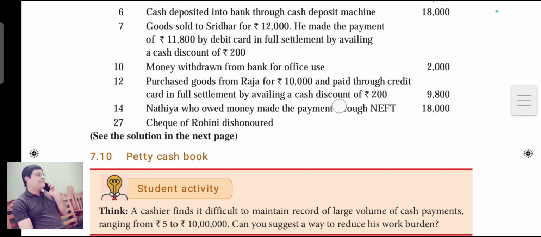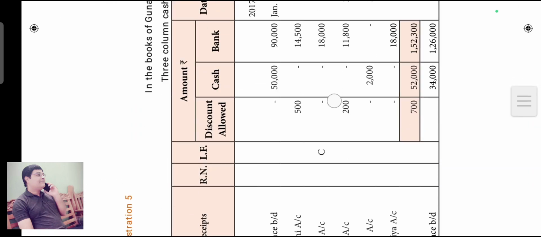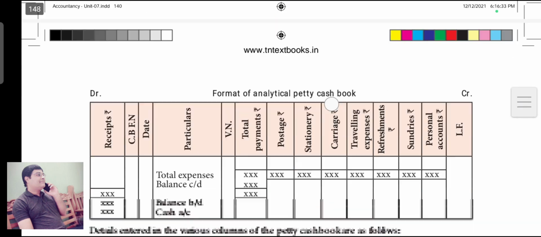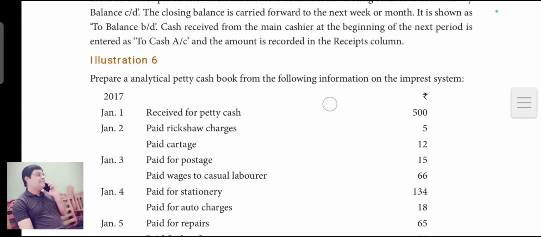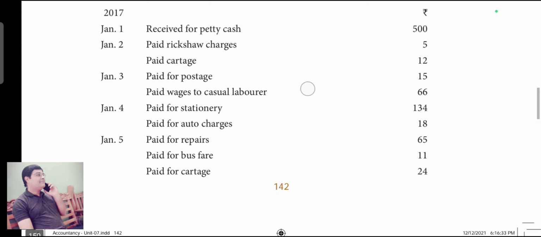And then very important 5 mark, that is petty cash book. Illustration 6 is very important, 5 marks.